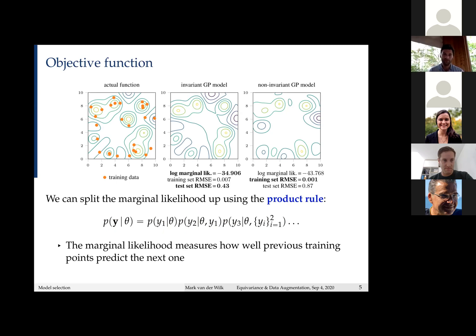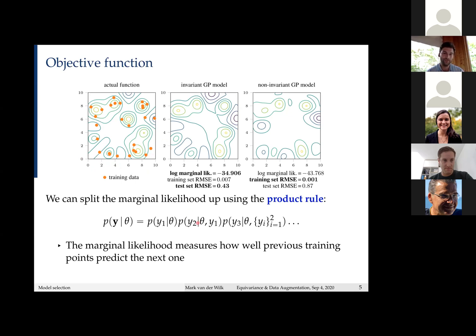So what it measures is how well each previous point in the training set predicts the next one. So if you think about how this objective function will behave on this toy example, if we consider a split of this training set into a half below the y equals x line and half above the y equals x line, then the invariant model will make almost perfect predictions, having seen only half the training set, right?